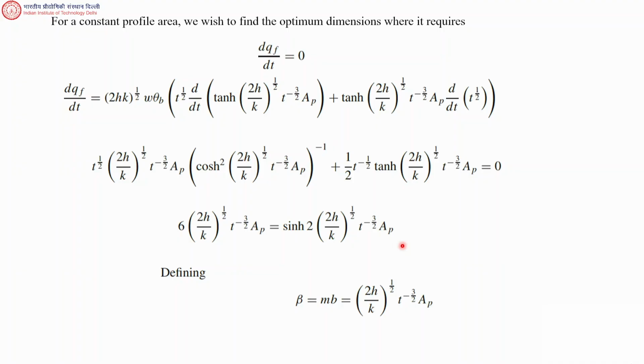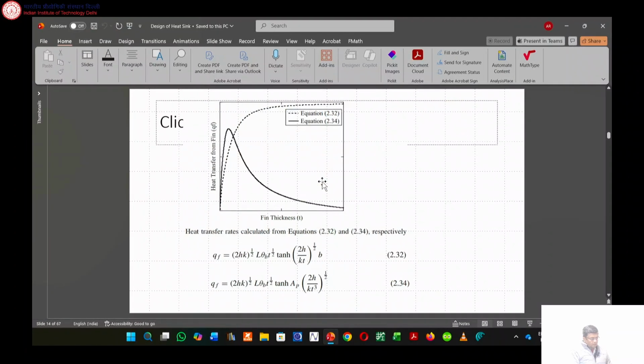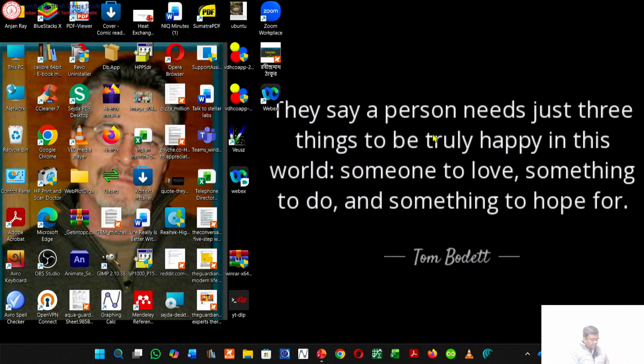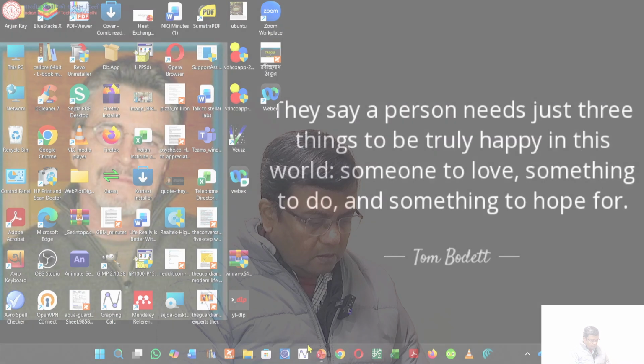You have 6 beta equal to sinh 2 beta, and just try to solve this. Again, this can be done approximately using a graphical method. You can download GeoGebra and try plotting this, or you can use any other software that you like.